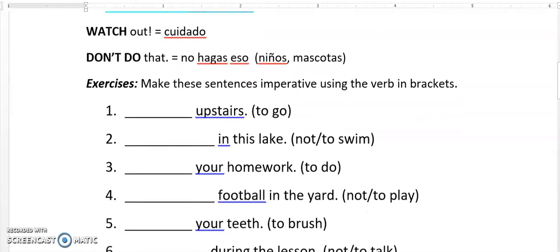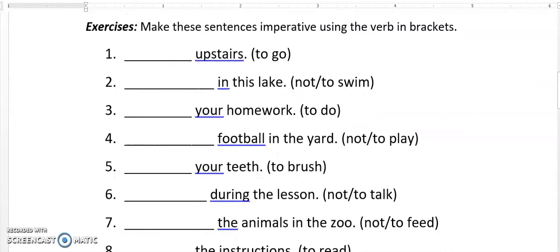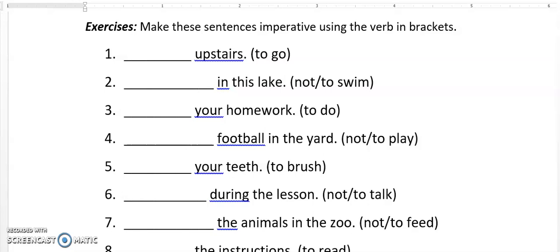In the next part, we are going to have some exercises, very simple exercises that use the imperatives. La instrucción es crear el imperativo y clasificar a qué imperativo corresponde.